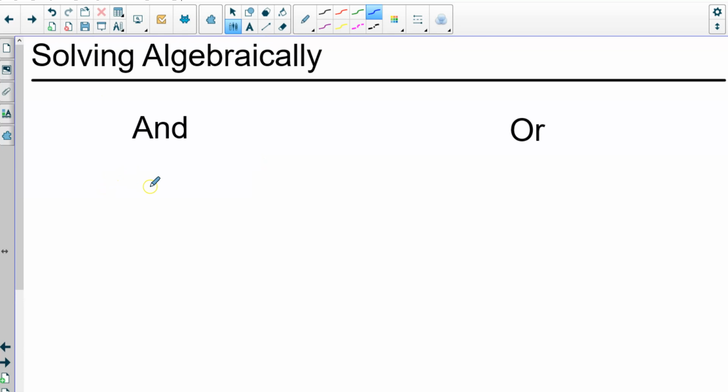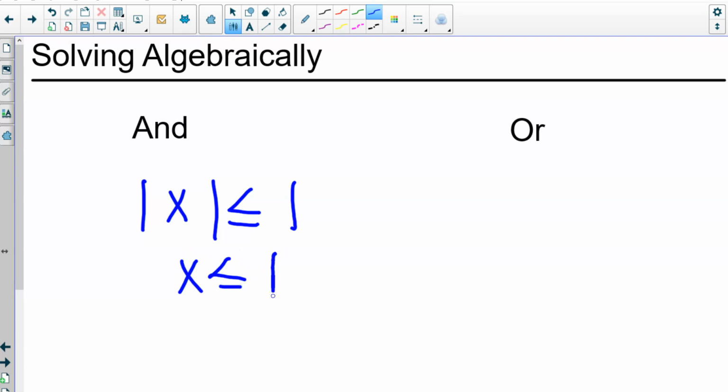When you have an absolute value inequality that is less than or equal to some number, then really, because you have the absolute value, you have two cases. And that is x could be less than or equal to 1, and at the same time greater than or equal to the negative value, -1.